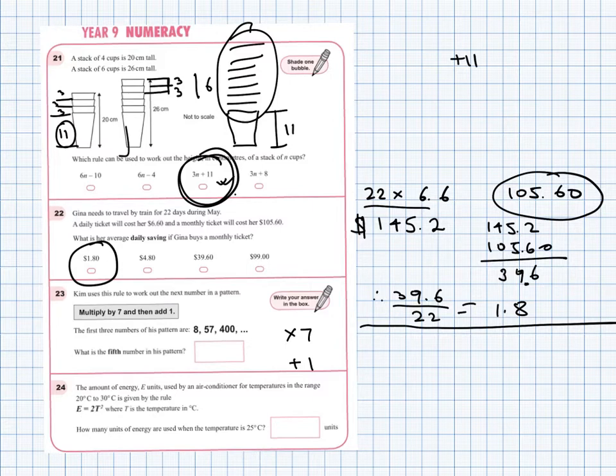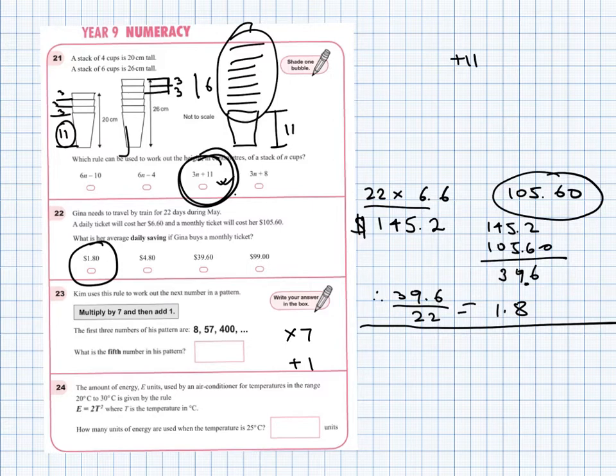If you want, you can check: 8 times 7 plus 1 is 57, beautiful. Then 57 times 7 plus 1 should give us 400. So that's the correct rule.